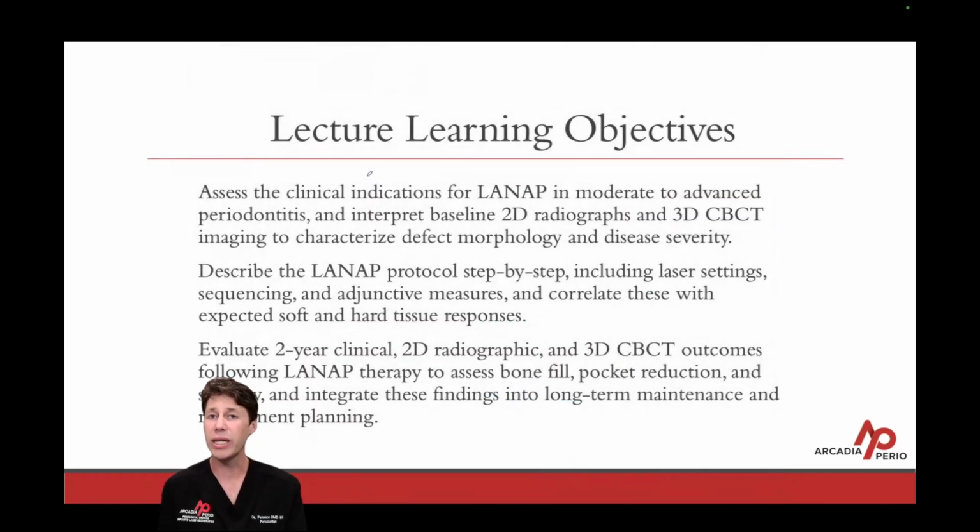So just to highlight and recap what happened in tonight's presentation. Hopefully now you're able to assess clinical indications for LANAP, localized periodontal defects, and generalized periodontal defects, and be able to evaluate these defects clinically with two-dimensional radiographs and three-dimensional radiographs. I hope you got a little bit more of an understanding in terms of the laser physics and why the Periolase MVP-7 works so well with the step-by-step diagnostics.